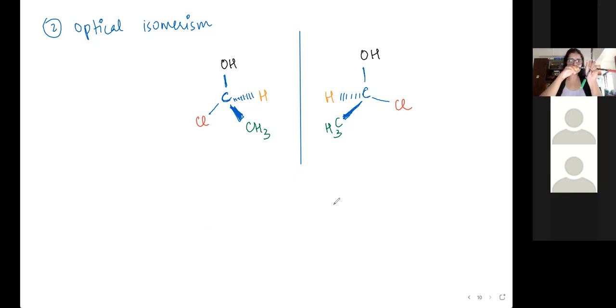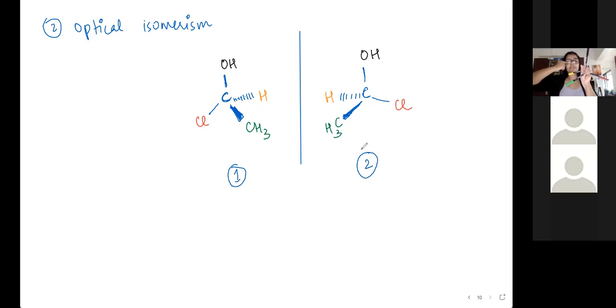Now, this is what you see on the left side. This is molecule 1. Now, can you get molecule 2 out of molecule 1? Like, which way should I rotate this so that you get molecule 2? Chlorine has come on the opposite side, right?